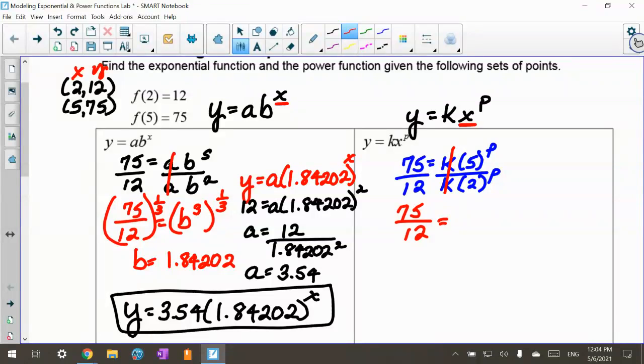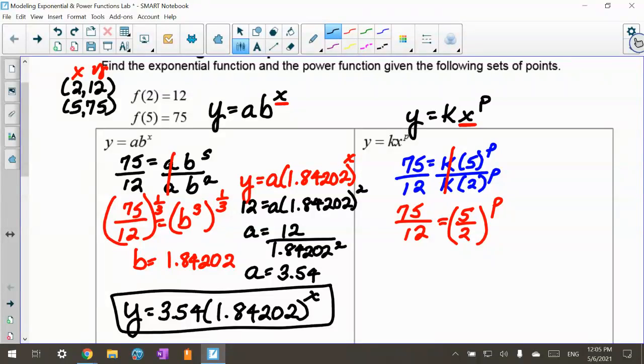Now, this is where it's a little bit different, if they're both raised to the same power. So remember when we did exponents, I said you can combine exponential functions if either the bases match or the powers match. Well, the powers match, so I can write it as 5/2 raised to the p. Now, you look at that and say, okay, that p is an exponent.